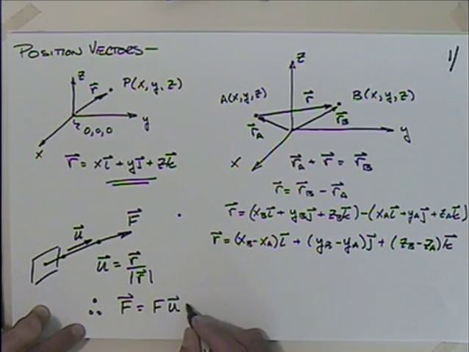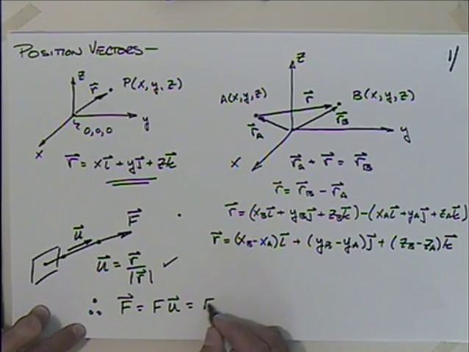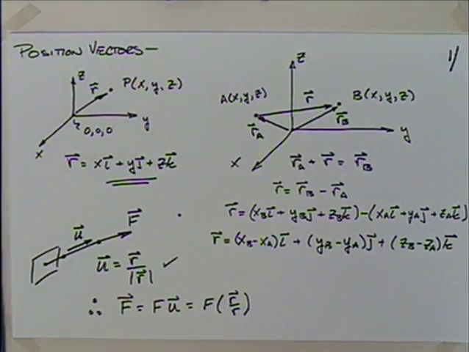We've seen that before, which then when we substitute this in, we could say it's equal to the magnitude of that force vector times the position vector in the same direction divided by the magnitude of said position vector. So this is hopefully fairly straightforward. Hopefully you're talking about similar things in your Math 254, your vector calculus class.